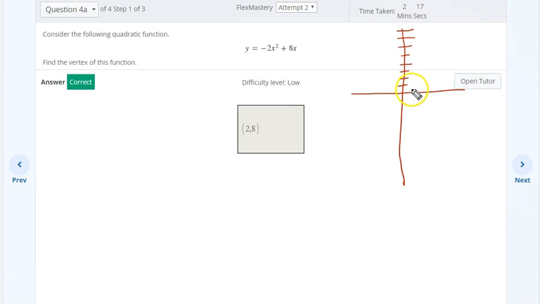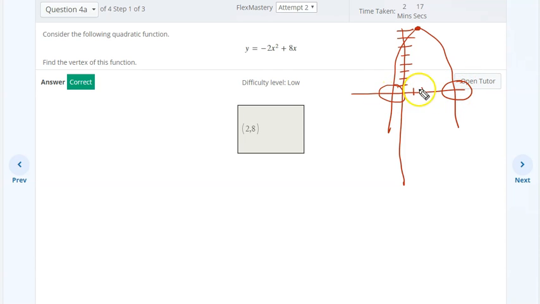So we're over 2, 1, 2. And the vertex, the maximum, is going to be there. So this is going to come down this way. So there are going to be zeros here.